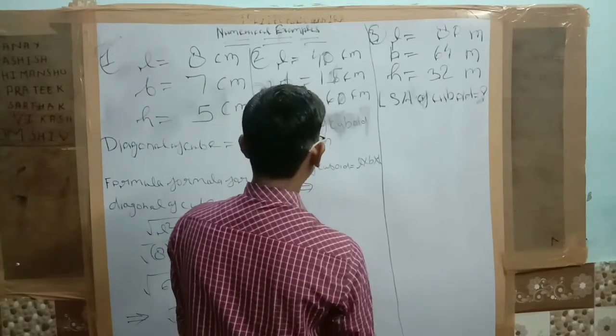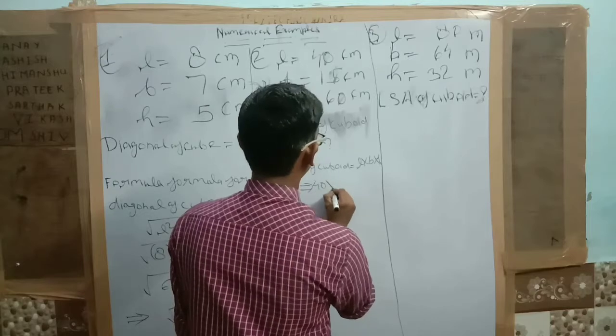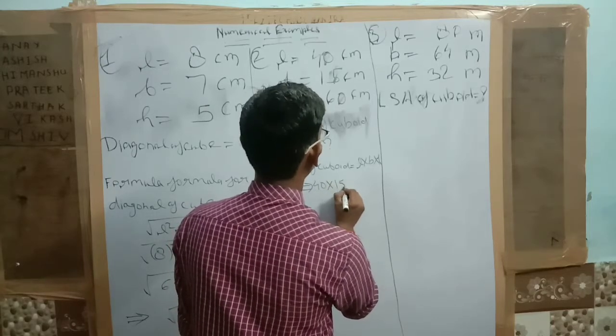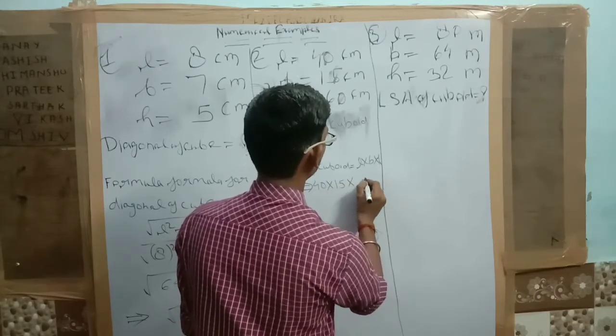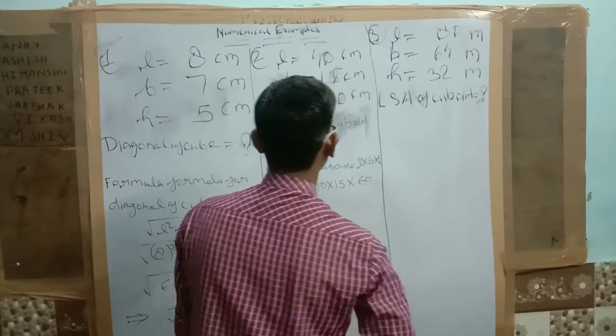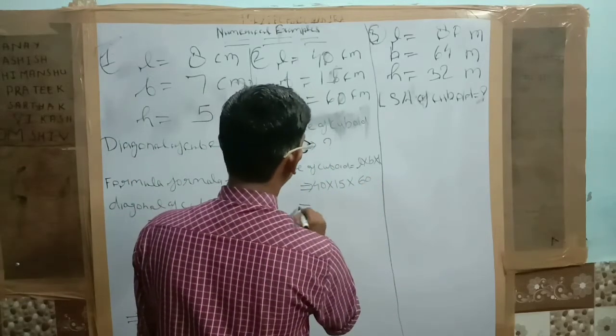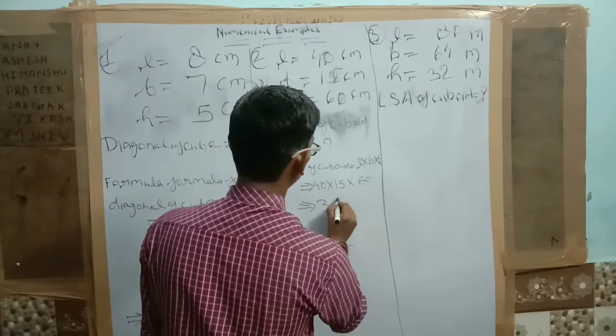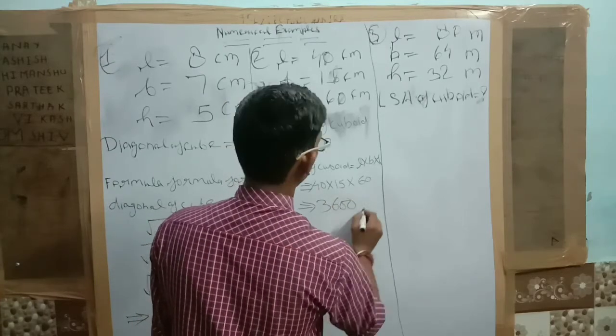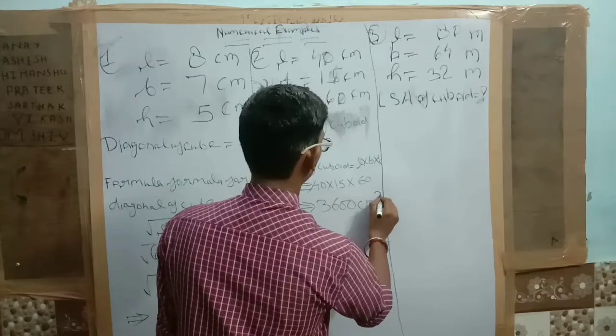So in place of L 40, in place of breadth 15 and in place of H 60. Here we have got answer 36000 centimeter cube.